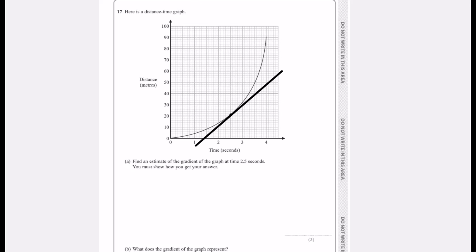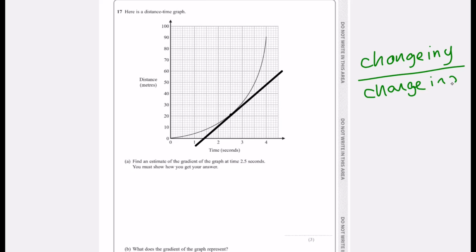And we work out the gradient of it by doing the change in the y. So gradient is always change in y divided by the change in the x. So let's find some good points if we can. Quite hard to see a good point.